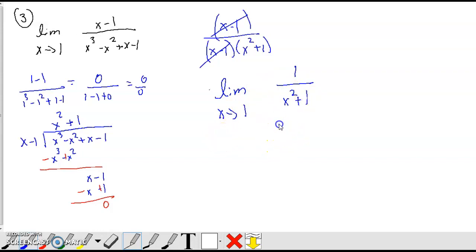Now I can plug in 1 over 1 squared plus 1. So 1 squared is just 1. So 1 plus 1 gives me 2. So 1/2. So like I said earlier, we're not always going to have integers as answers. Sometimes we will have fractions.